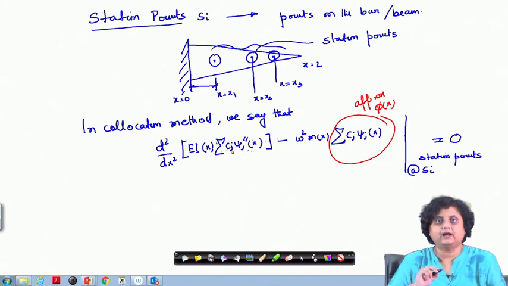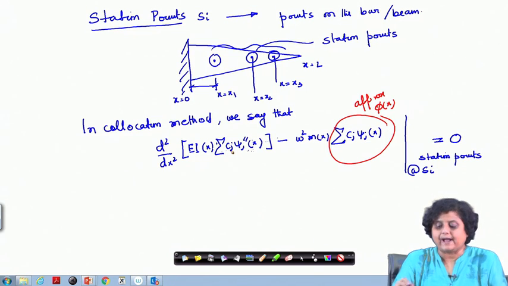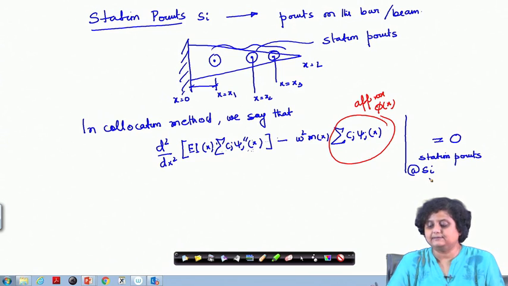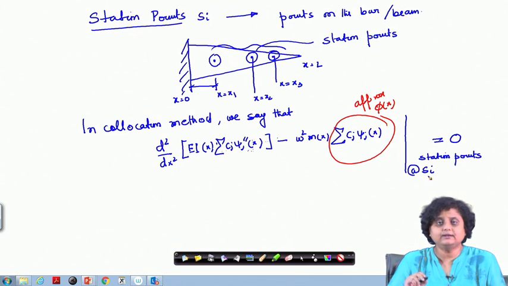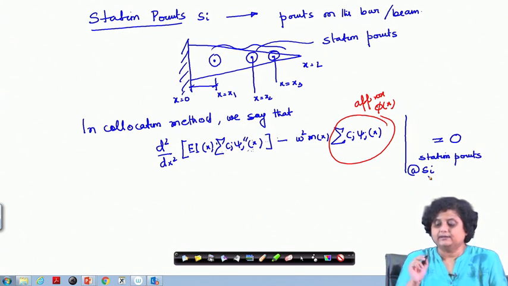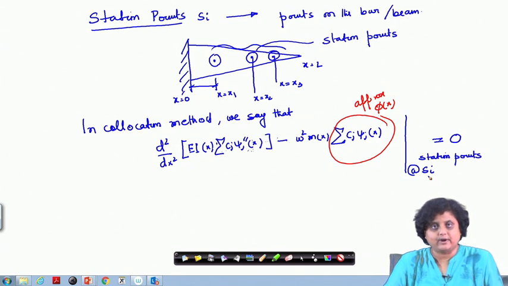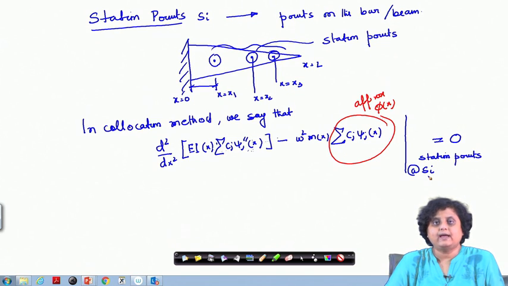Let me explain this in another way. We have this equation, and we are saying that this equation is forced to become 0 at the station points. Now, if we need to find the constant Cj's which make this equation go to 0 at the station points, we get a set of equations which will help us obtain the values of Cj's.